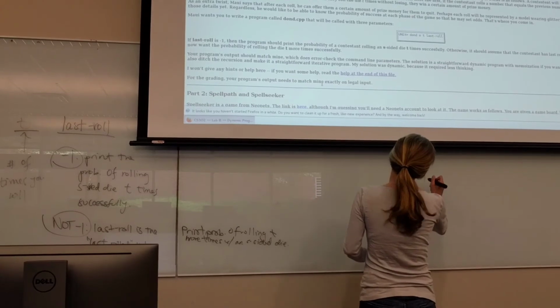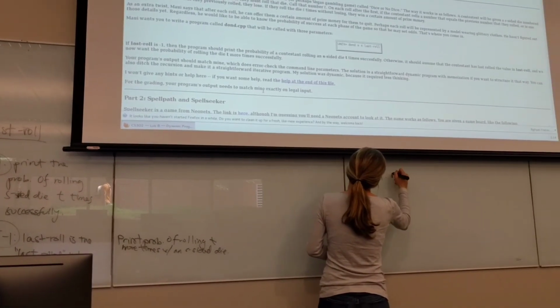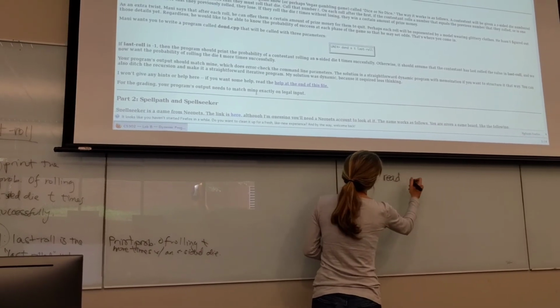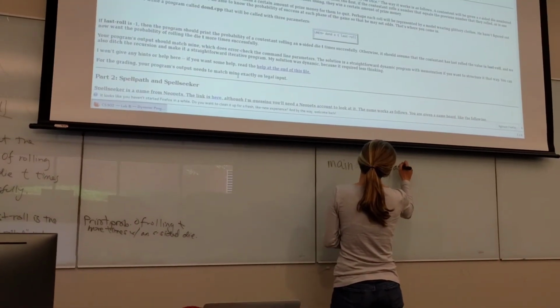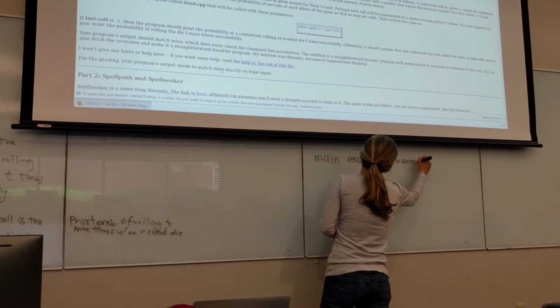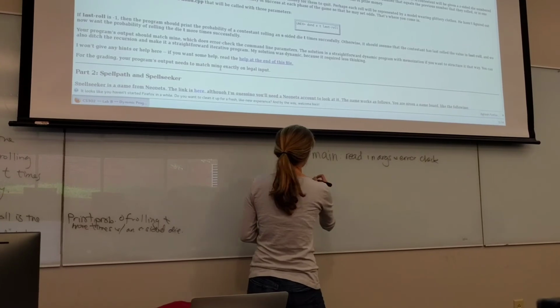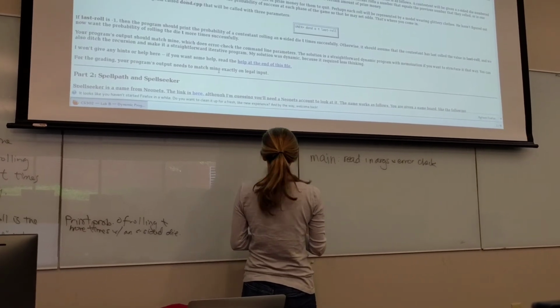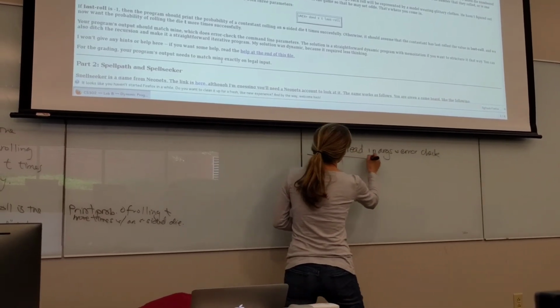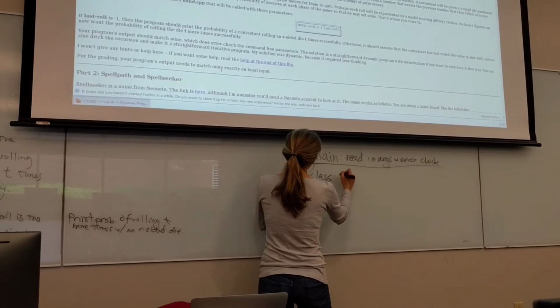In your main function, you can read in your arguments and error check. And then I would suggest having a class, name it whatever you want.